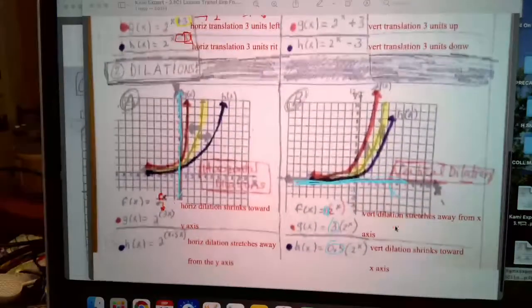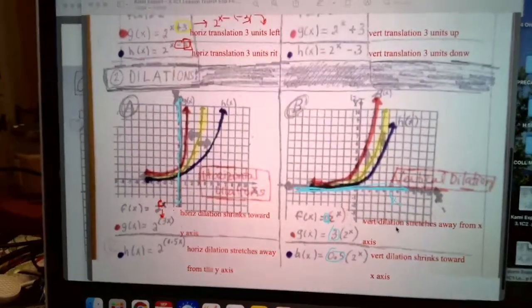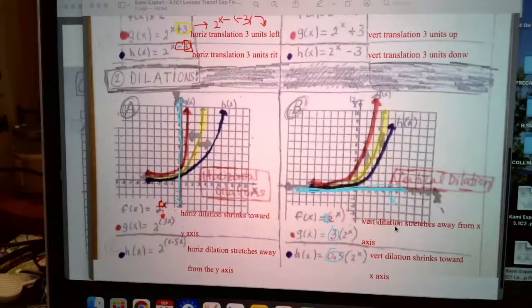Dilations have two types as well. They're horizontal dilations versus the vertical. Horizontal dilations will happen when you have a value in the exponent with x, cx, in this case 3x or 0.5x.